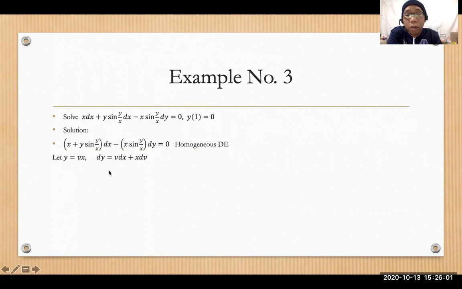Of course, we have to replace the differential na dy is equal to v dx plus x dv. And pwede na natin palitan na ito kaagad, di ba? Kasi pag in-apply mo na yung y equal to vx dito, makancel lang yung x, di ba? Or you can simply say v is equal to y over x, right? So instead of writing here vx, palitan mo na kaagad ng v yan.